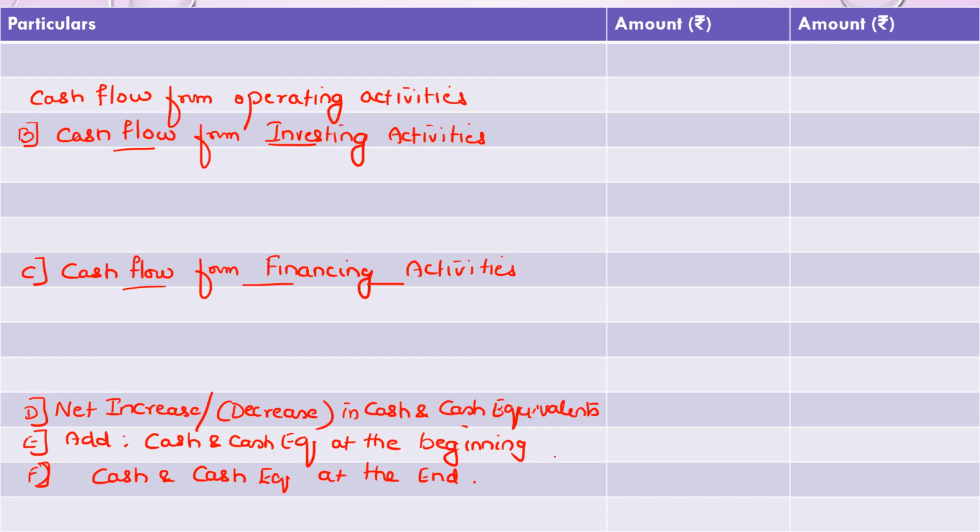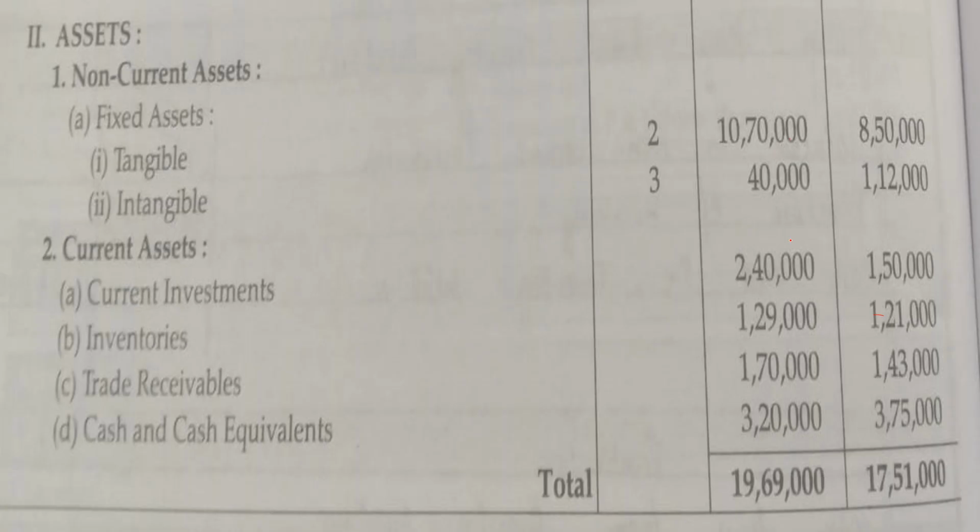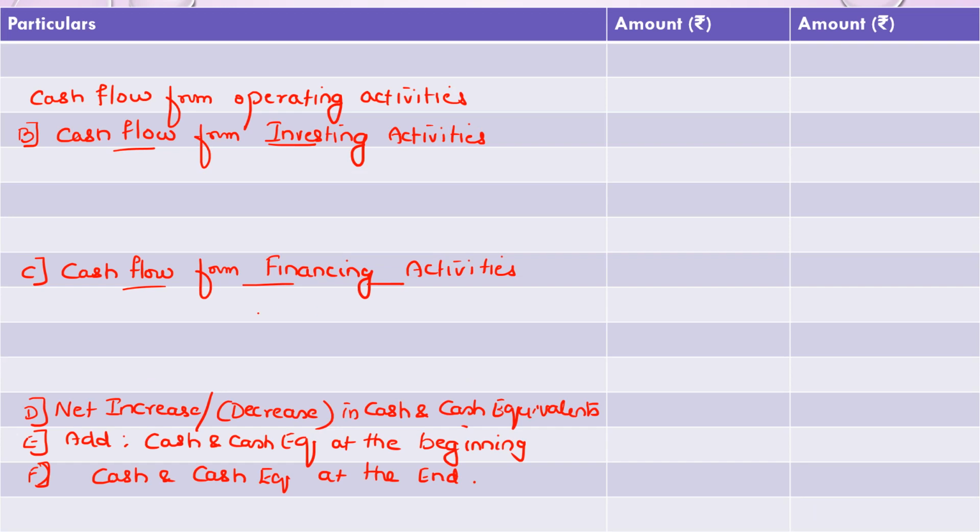Now let us go back, look at the question and start filling in the details and prepare working notes. So going back to the question, we will do it systematically. Start with the liability side. First one, share capital. 11 lakh increased to 12 lakh. Issue of shares of 1 lakh has taken place. So you go to the financing activity part and write proceeds from issue of shares.